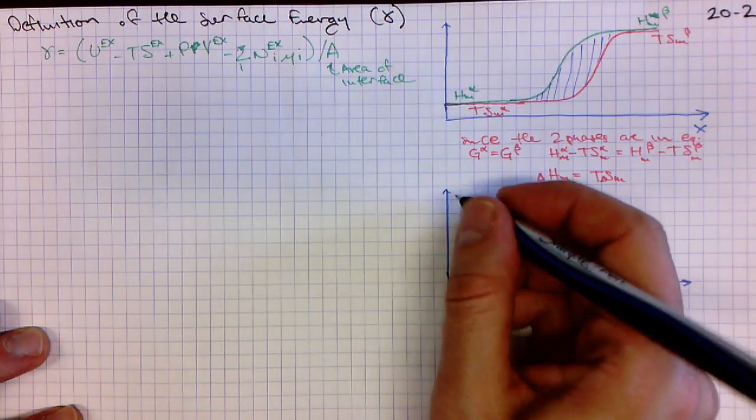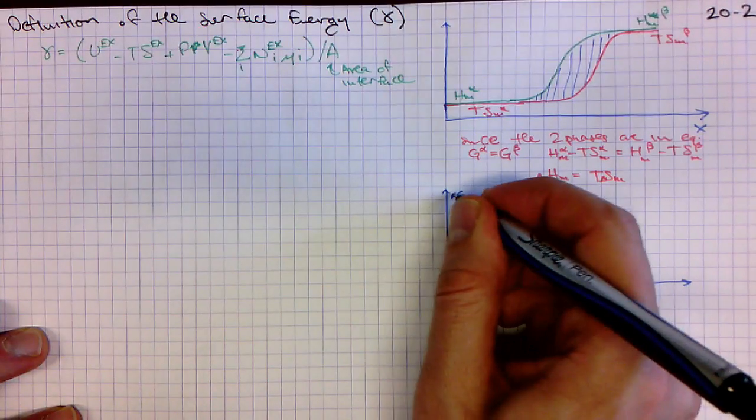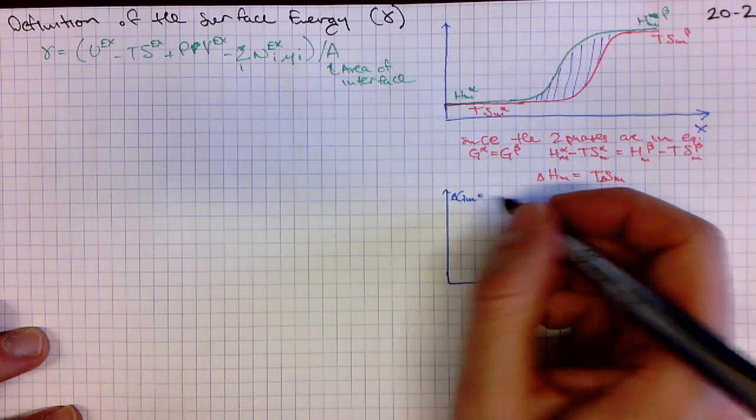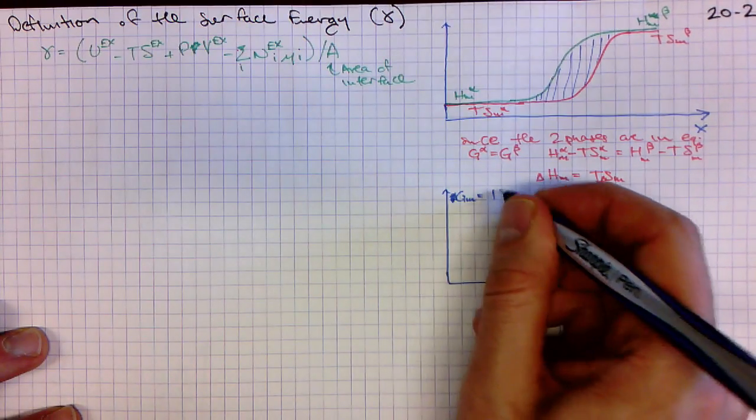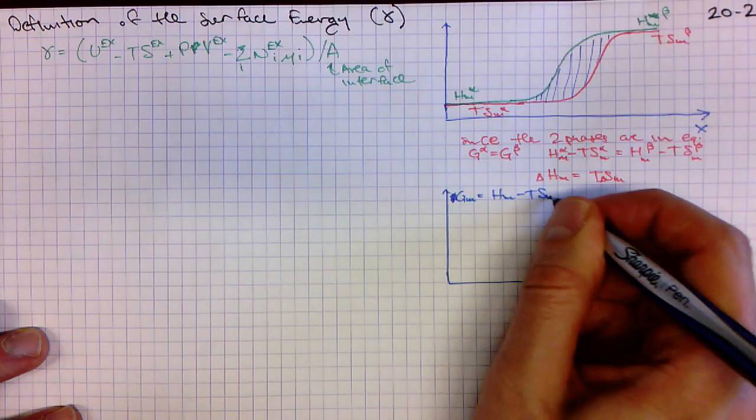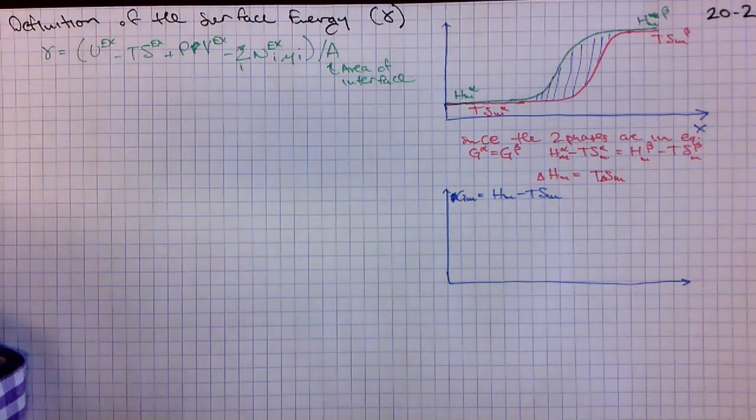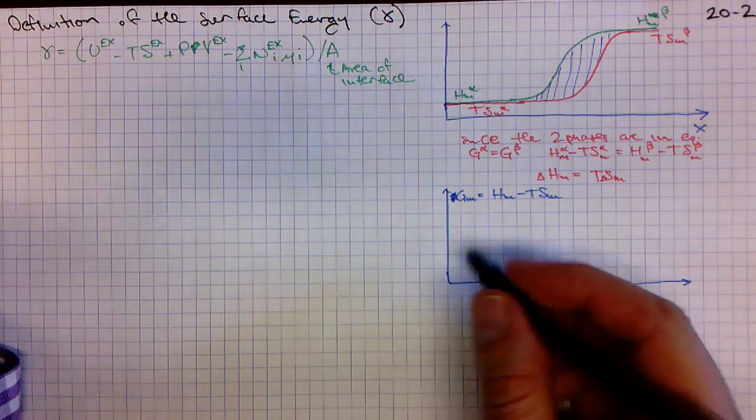We could plot delta gm, or gm, which would be hm minus T sm, and that would essentially look like this.